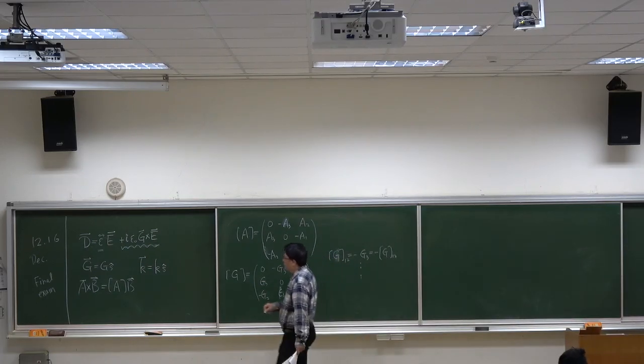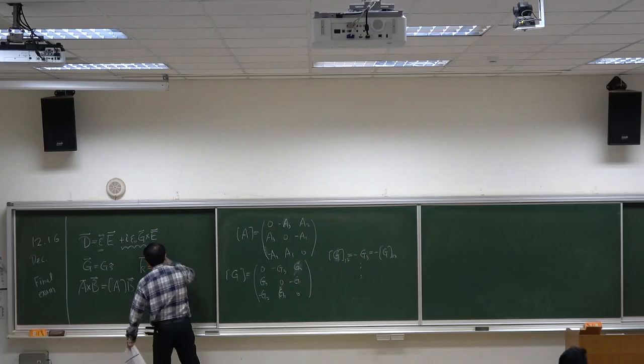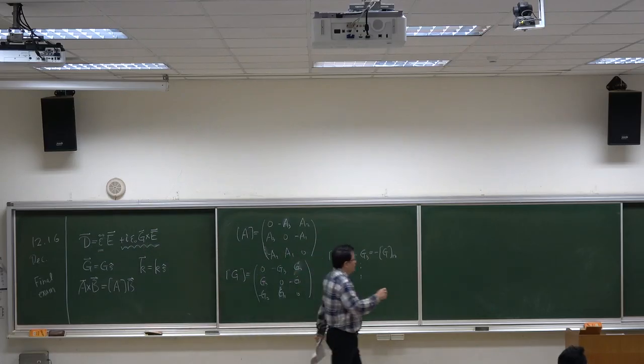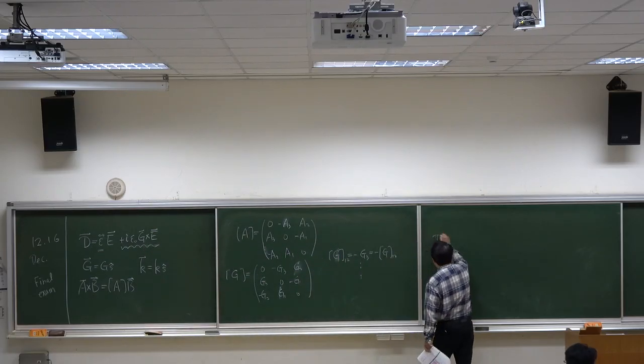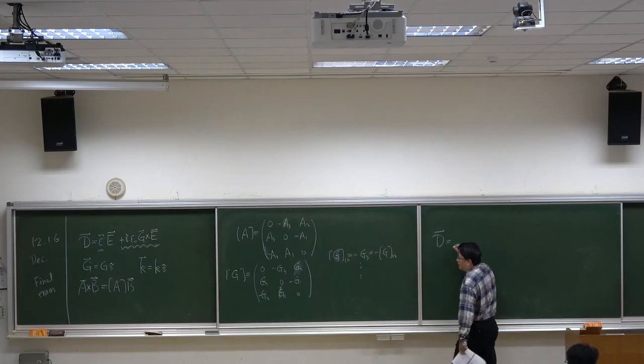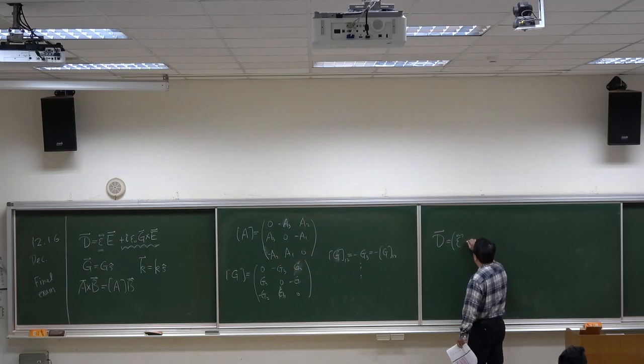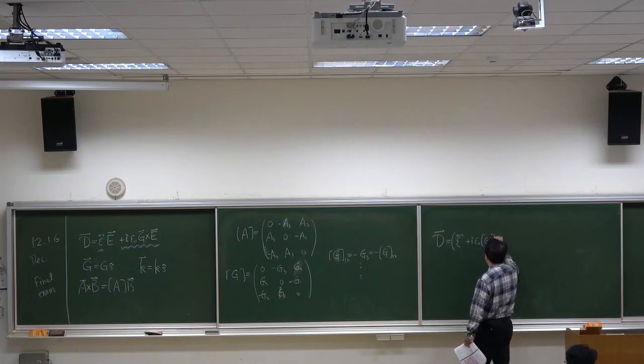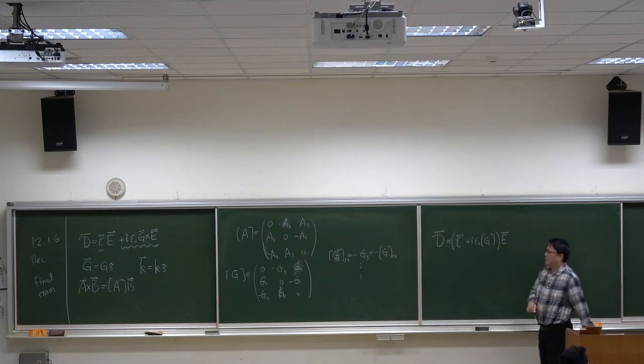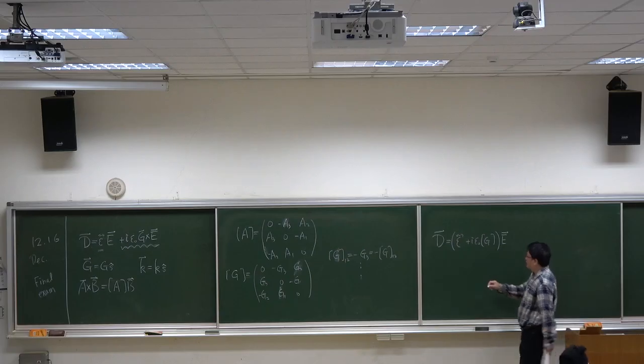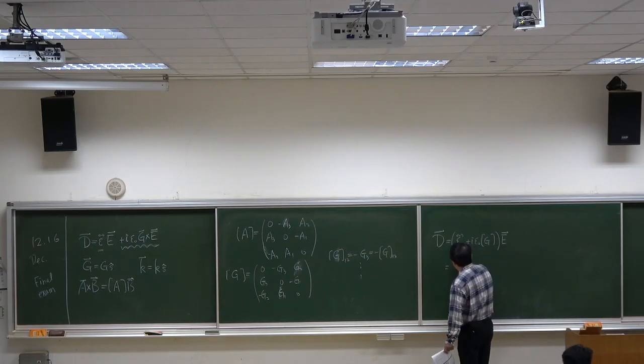So we can write this relation between P and E as epsilon plus I epsilon 0 G matrix times E vector. Okay? And we can define this combination as epsilon prime.